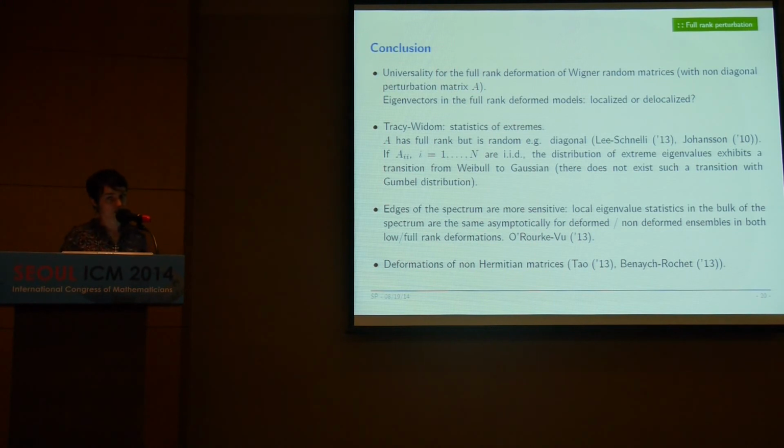We could expect a transition from Weibull or Gumbel distribution to Tracy-Widom. So these questions have been considered by Lee and Schnelli and also Johansson, and interestingly we are able to see a transition from Weibull to Gaussian, which plays a role actually of Tracy-Widom, but not for the Gumbel distribution. So far we don't really understand this fact.